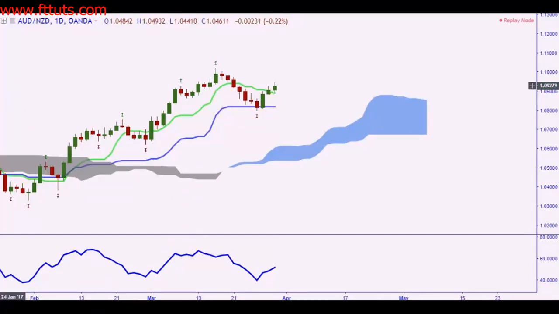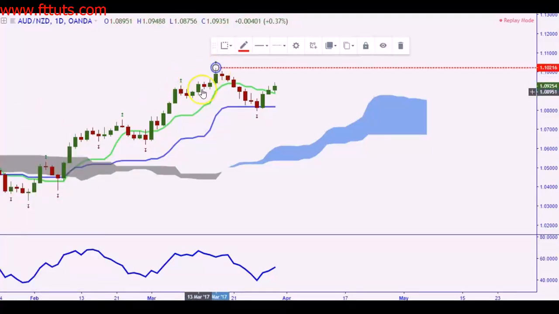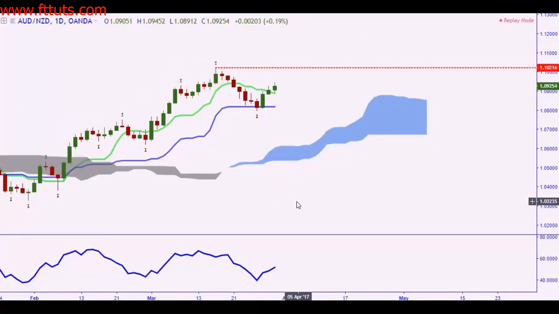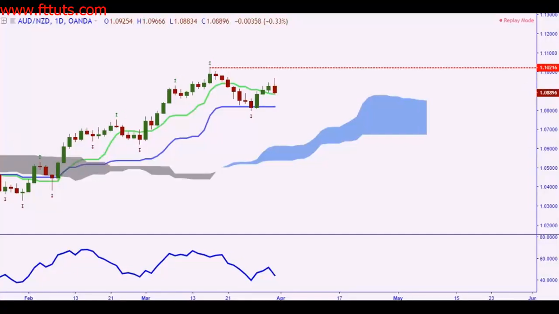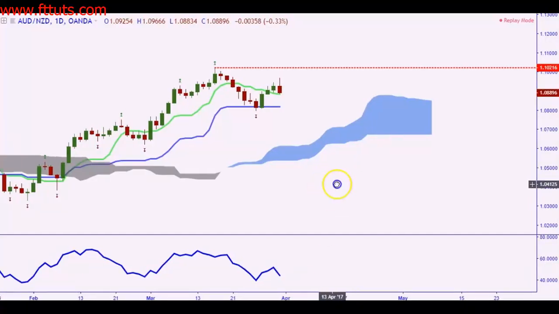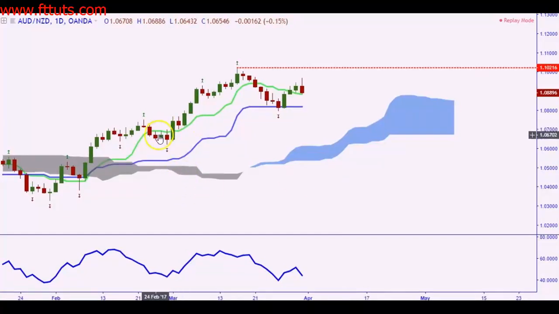Another good thing to keep notice of, can we get back to that level, to that all-time high? All right, can we get to that high? Okay, and then finally, look at your 1, 2, 3.